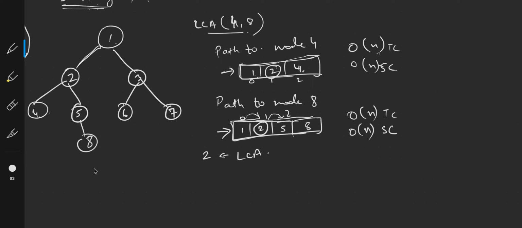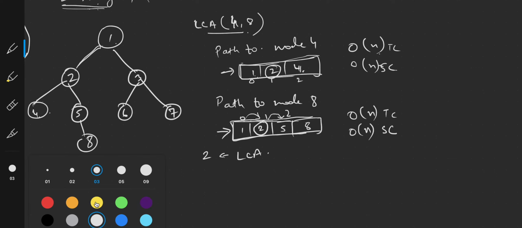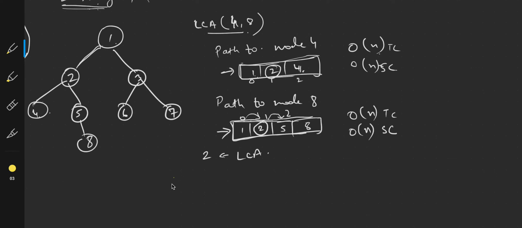Before that, let's first list down the different types of cases that we can encounter. Case one is that when we iterate through the nodes of the binary tree, we encounter a node which is the same as one of the integers which we are looking for.